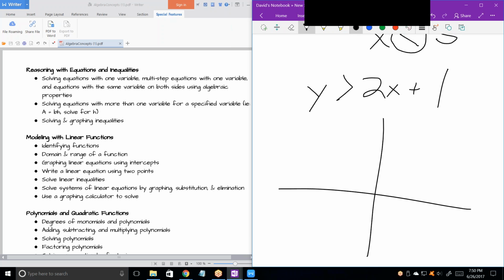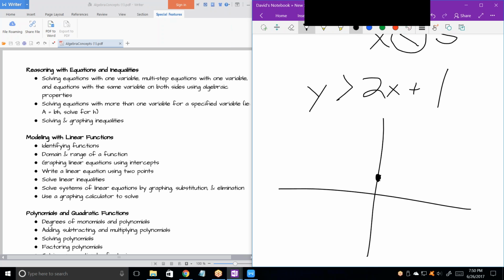Where do I start? On the y-axis, would you go up 1? Good. So I know that point is on the line. And then what? And then you go up 2 over 1.